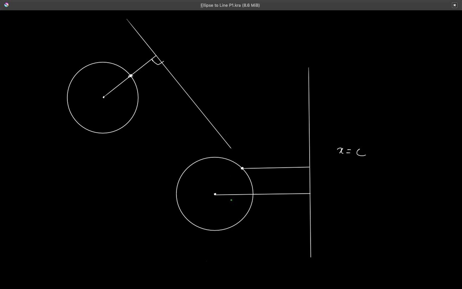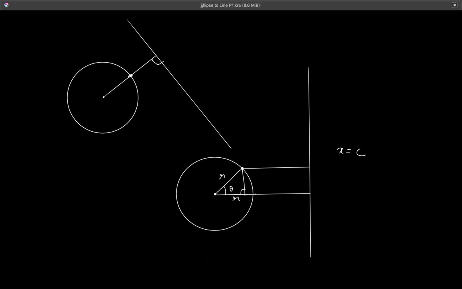Let's say that the radius of the circle is r. Let's draw this segment right here. That's also r, and let's drop this altitude. Let's call this angle theta. The distance from the center point to here is simply c.